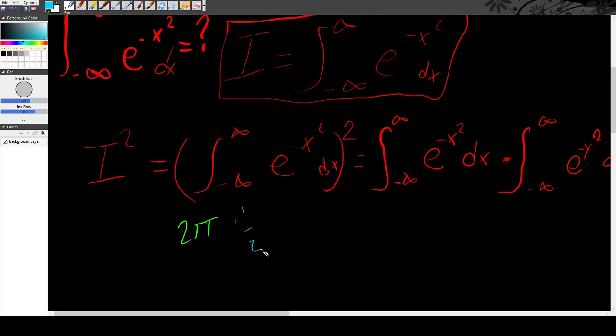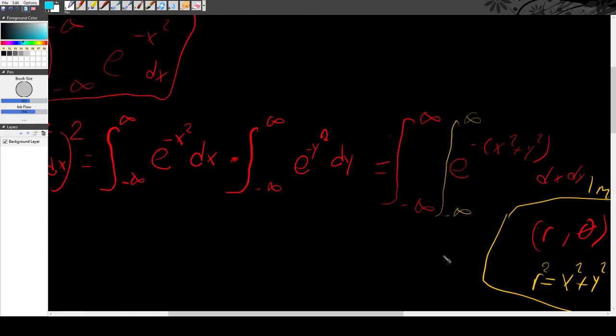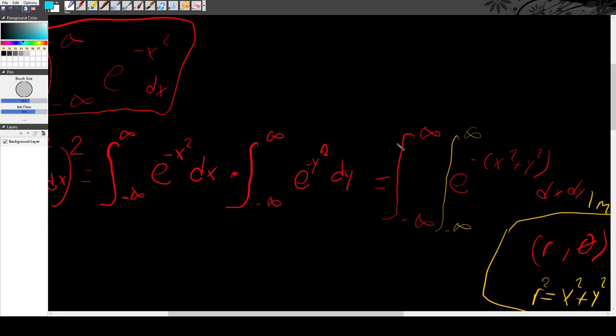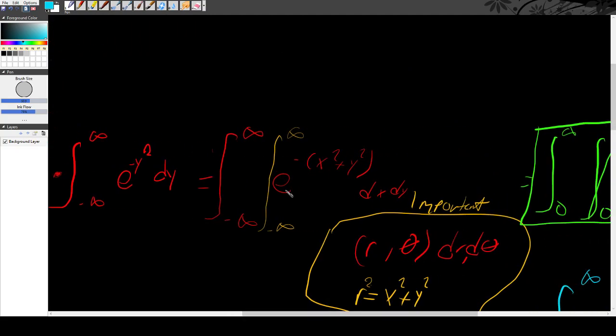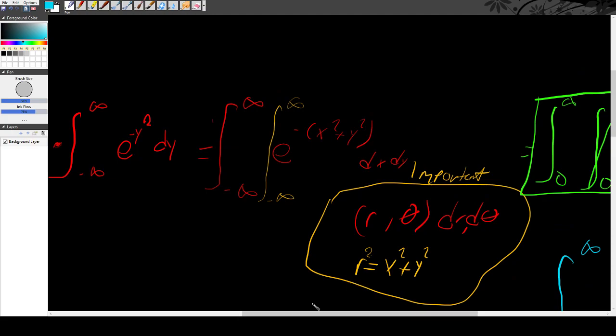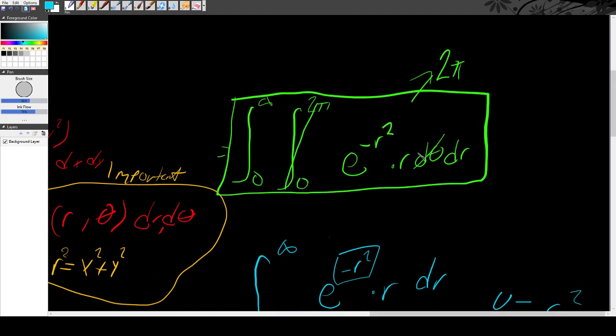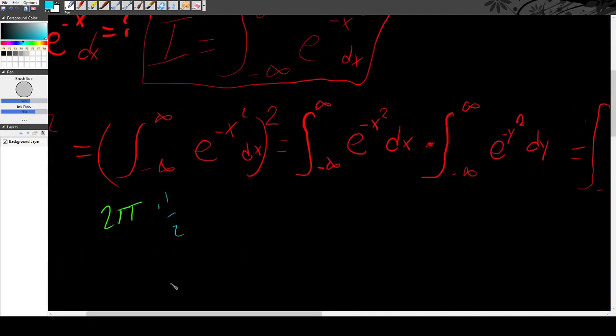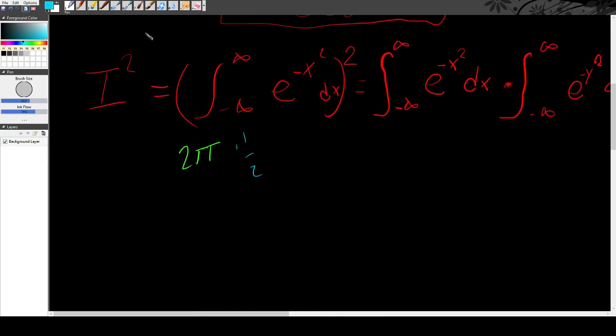If you remember, what we did was we changed the integral so the integrals are multiplied here. This part over here was 2 pi. The 0 to 2 pi ended up being 2 pi, and then 0 to infinity was 1/2. Since they're multiplied, we're just going to multiply what we got from both integrals. So we got I squared, the integral of this entire thing squared, equals pi.